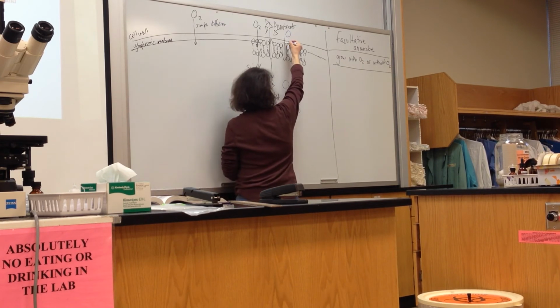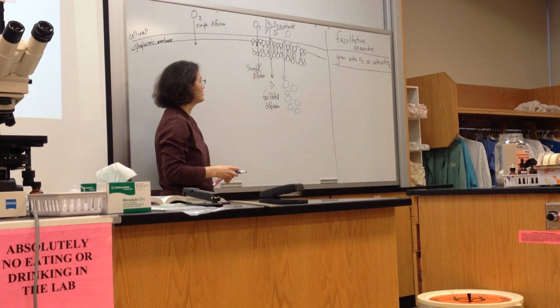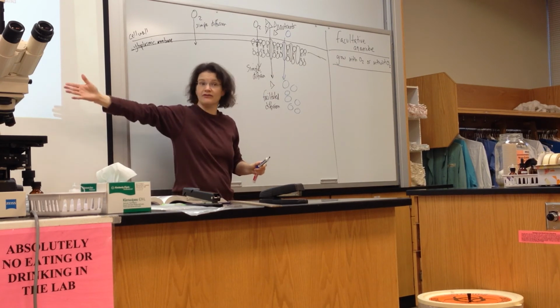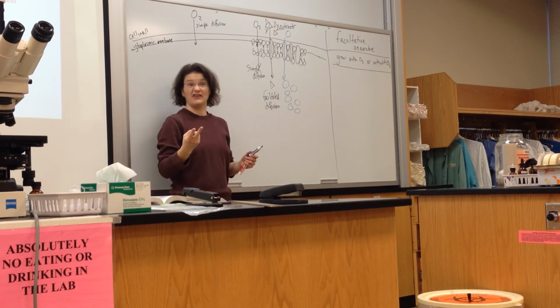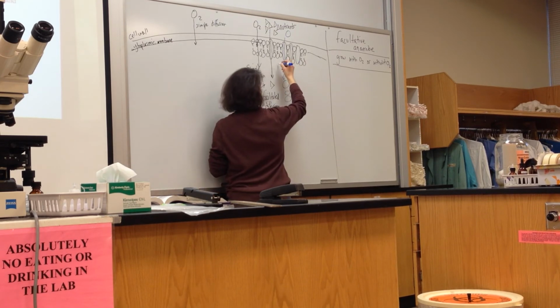So here, our circles are going through a transport protein. And we know now that there's 2 different places that they can get the energy to do that. We can use ATP. So here's our ATP.